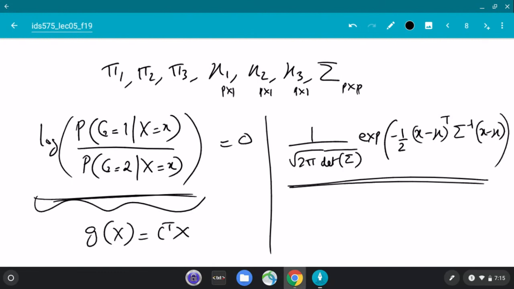There's an x transpose x going on here, just like beta transpose something beta, which we had that time. So this quadratic function somehow gets cancelled. Why is that? Because we have a common sigma for each class conditional function.